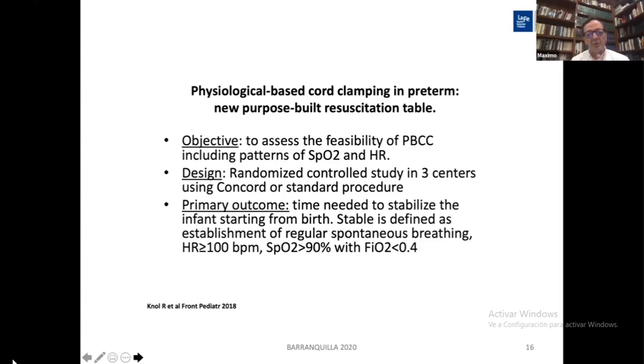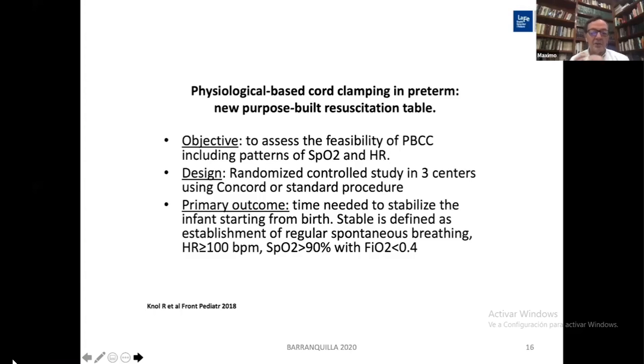The SpO2 and the heart rate reach stabilization much earlier, without the need for any sustained inflations or any resuscitation measures.